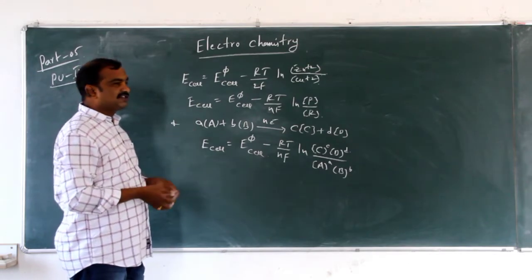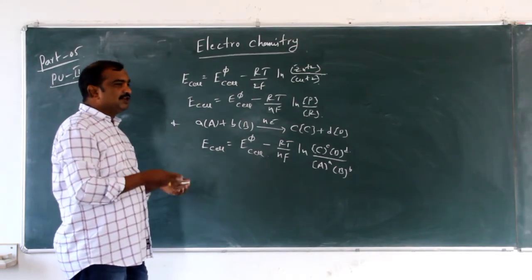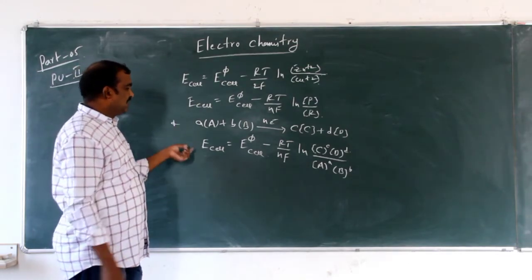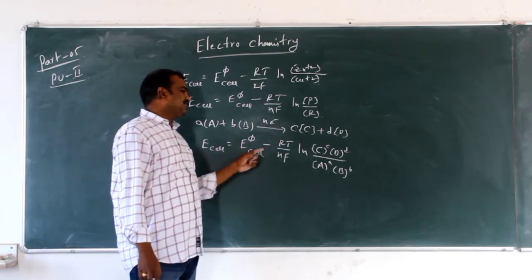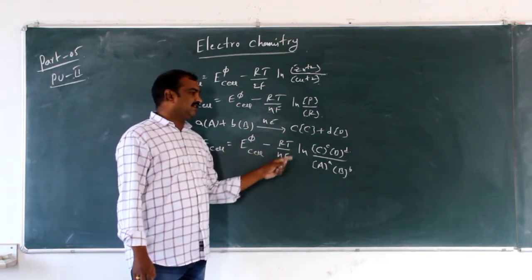So for any equation given like this, we can write E cell is equal to E naught cell minus RT by nF ln.